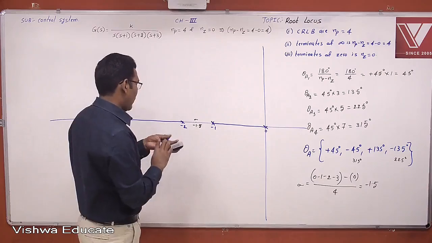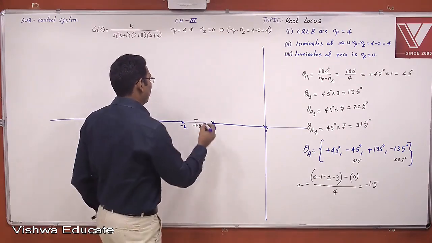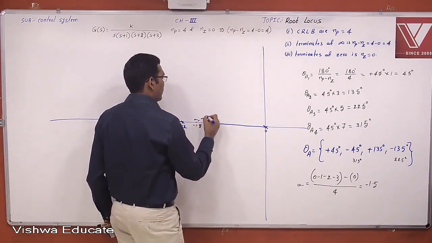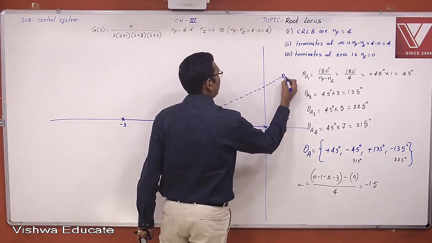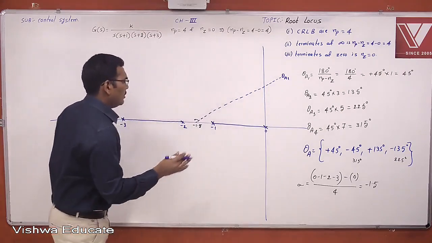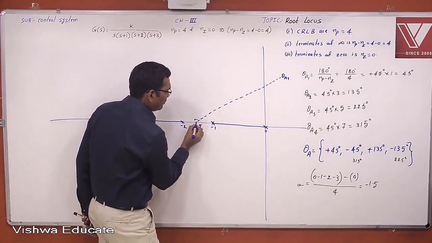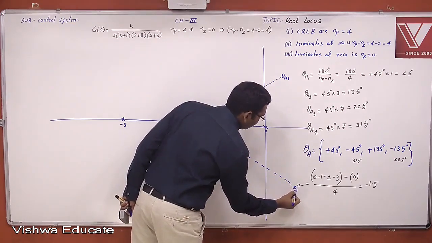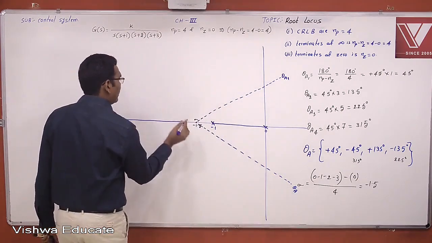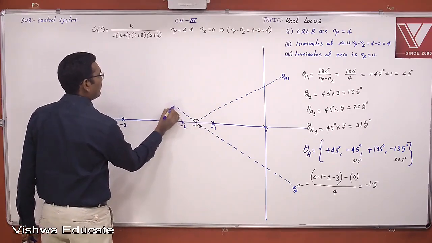Now the angle of asymptote. What is the first angle of asymptote? The first angle of asymptote is 45 degrees. This is the first angle of asymptote, and you immediately draw the -45 degrees because angles of asymptotes are always symmetrical. Next, another angle is 135 degrees.